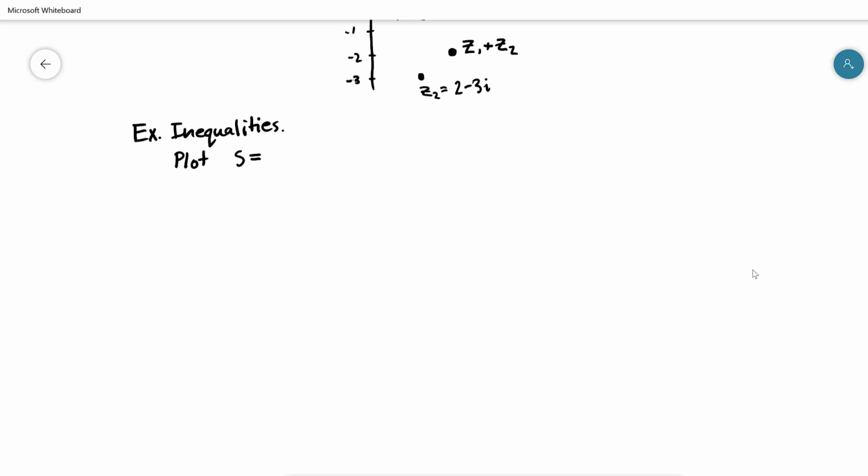So I'm going to plot this set called S, and it's going to be equal to the set, we use a little curly bracket there, of a plus bi. Then you'll see a vertical line. Sometimes, instead of a vertical line, they'll use a colon here. But that a is greater than 1, b is less than or equal to 2. So what does this mean? This is set notation. So this whole piece right here is set notation.